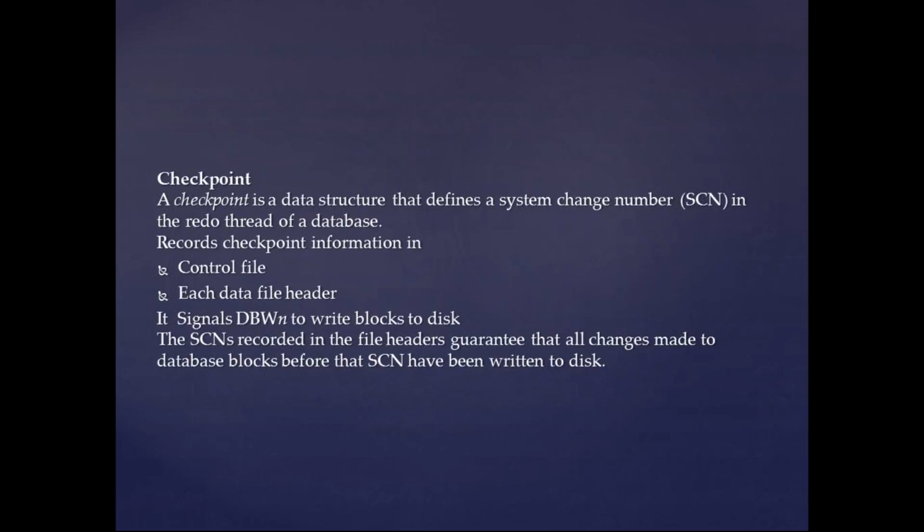So if we are committing and the log files are missing or corrupt, commit will not occur; it will hang the database and give an error in the alert log file. It will not commit, because without log files there is no guarantee of saving the data. What would happen if the database crashed at that time and the commit had occurred? The data would be lost. So it cannot risk the data integrity.